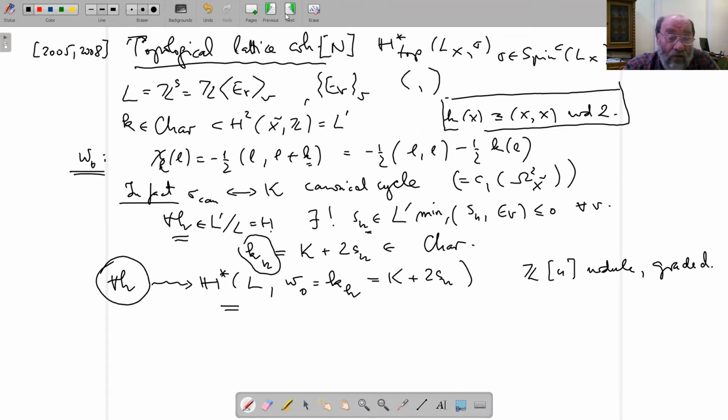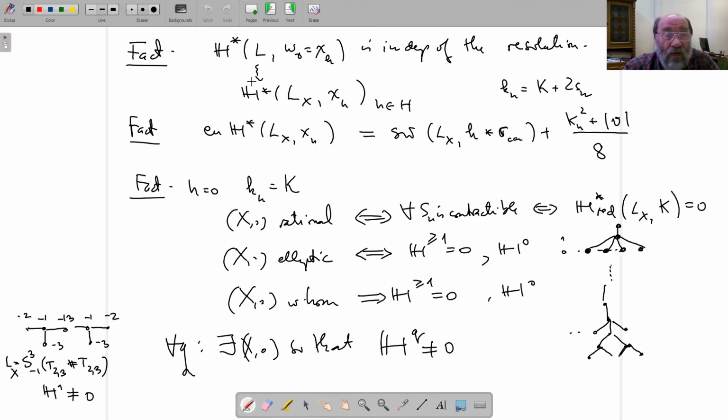Of course, we have a lot of theorems, reduction theorems and surgery formulas. So let's see what we can do with this. Again, for the link of a normal surface singularity, I take an h that provides me a canonical characteristic element and gives a weight function, a Riemann-Roch expression, and we have a lattice cohomology. The first fact is that here I use the resolution, so sorry, this was not the link.